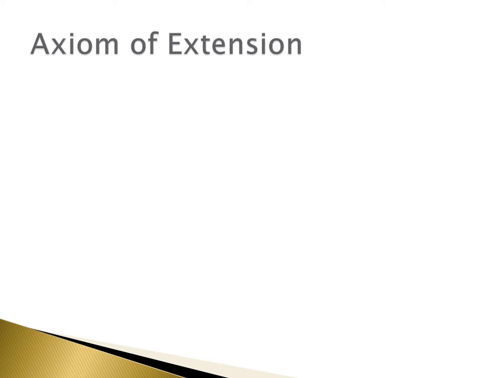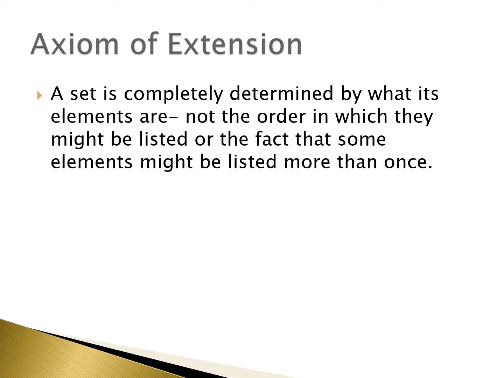Now we have the definition of the axiom of extension. A set is completely determined by its elements, not the order in which they might be listed, or the fact that some elements might be listed more than once. Let's see an example, because that is where we understand the meaning better.